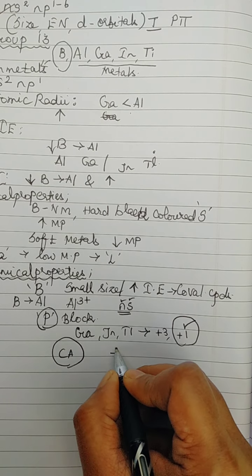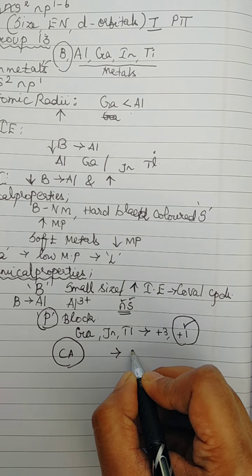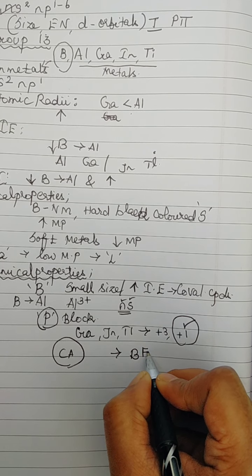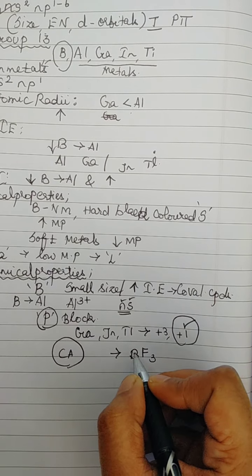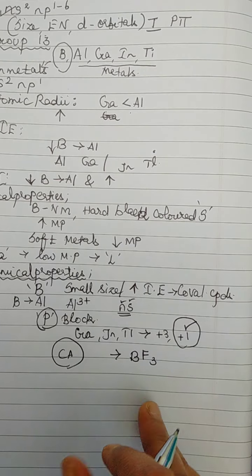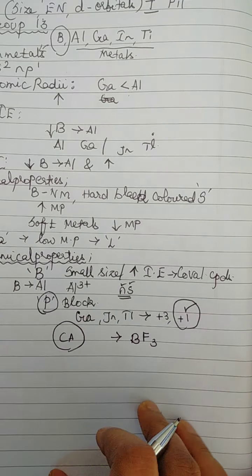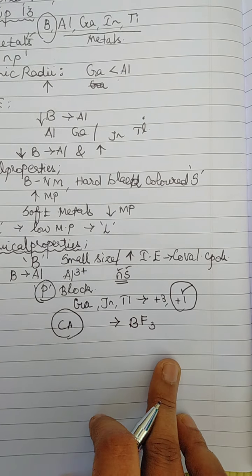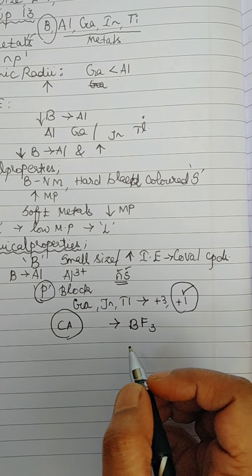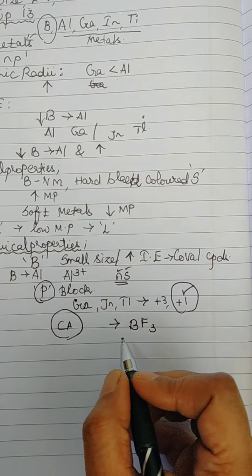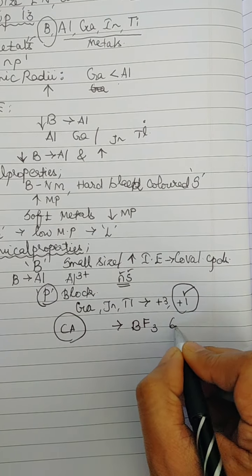For example, boron forms a covalent bond with fluorine, BF3. In all these compounds, the central atom will have 6 electrons around it.